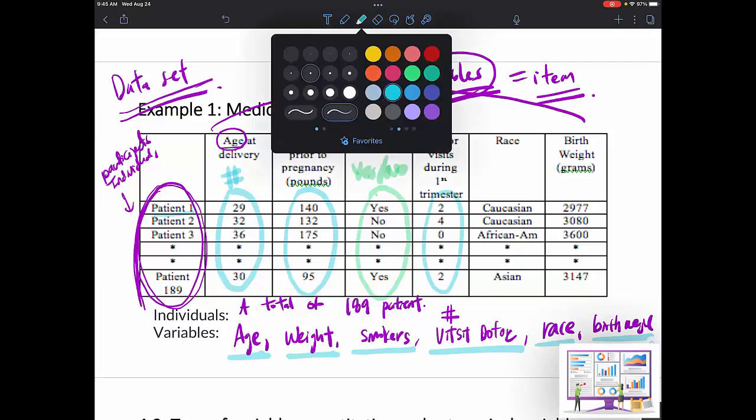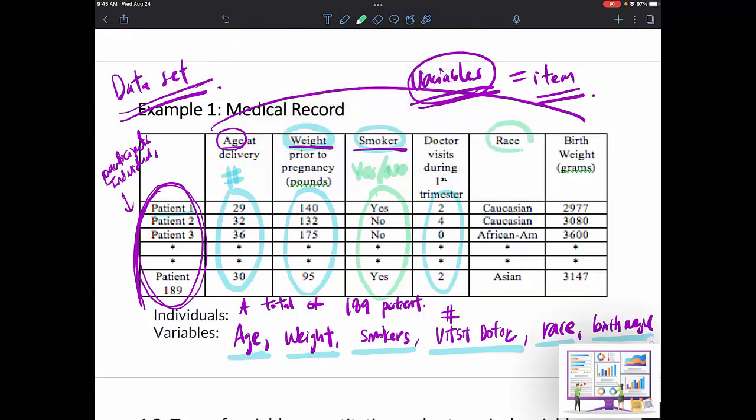How about the race? You see that? What is the race of the pregnant women from patient number 1 to 189? Some of them are Caucasian, African American, Asian. It's going to be different. It's not a number, right? And then the birth weight of the baby, it's again a number.